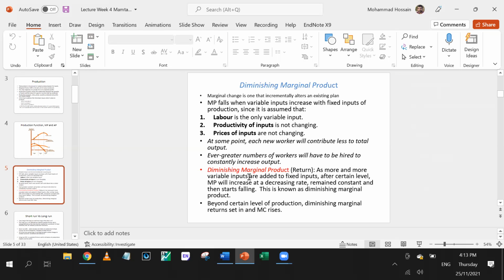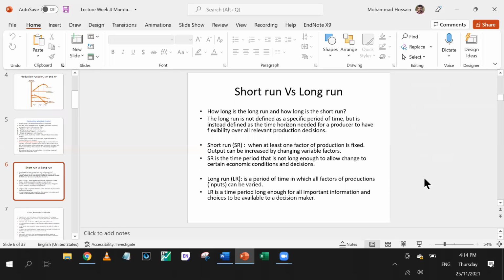So beyond a certain level of production, diminishing marginal return sets in and MC starts to rise. So marginal cost will be rising.